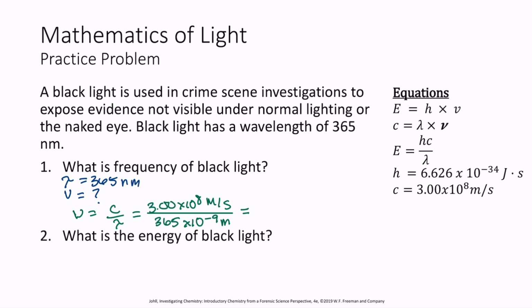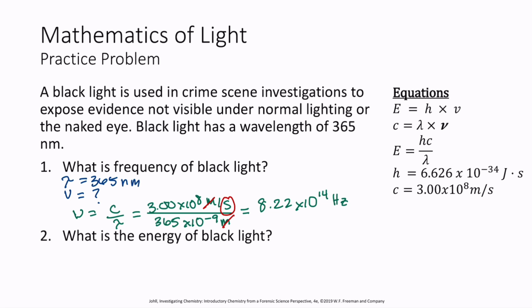Now, when you are entering this into your calculator, you don't ever want to press the multiplication times button or type in 10. You always want to use your calculator's exponent function. So for this, we get 8.22 times 10 to the 14. And since we canceled our units of meters, I'm going to be left with units of inverse seconds. So we have hertz. And that is good because I'm trying to solve for frequency, and that is a unit of frequency.